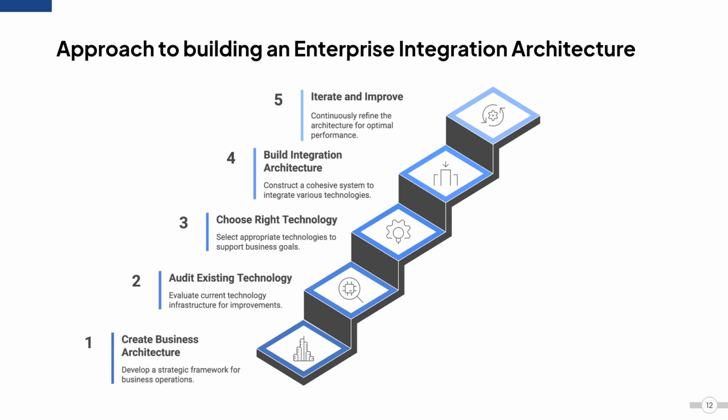And basically steps 3 and 4 are not in a particular order, so you also have to choose the right technology when it comes to integration. Those technologies should support different types of architectures that we are going to discuss in this presentation.